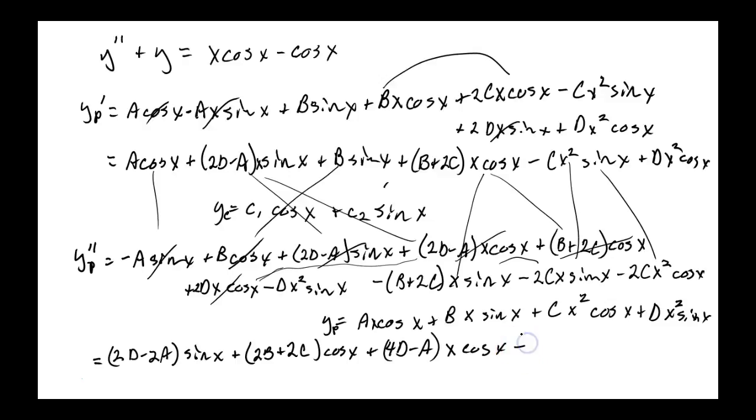Let's just pull the minus on out front, and it's going to be b plus 2c, because the minus is out front. b plus 2c x cosine x. No, x sine x.